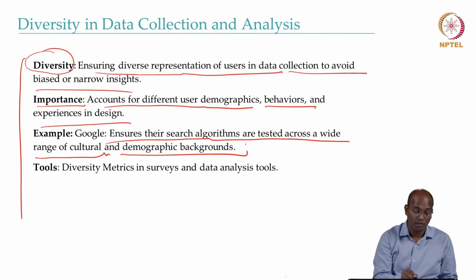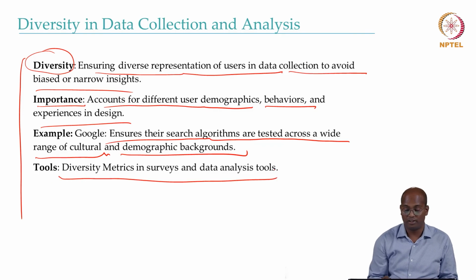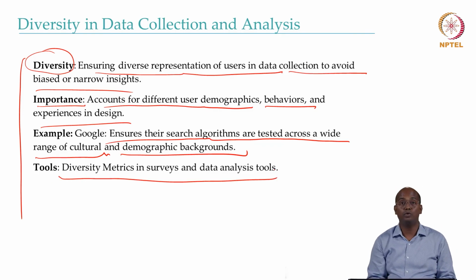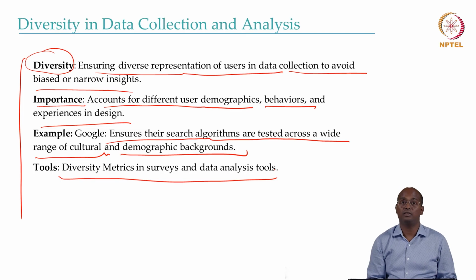There are several tools you can think of, like diversity metrics in surveys and data analytics tools, to ensure that your data is diverse, has enough representation from the different stakeholders, and captures different behaviors. So you have a sample space which represents all kinds of users, all kinds of behavior, and all kinds of functionality that they are going to have.